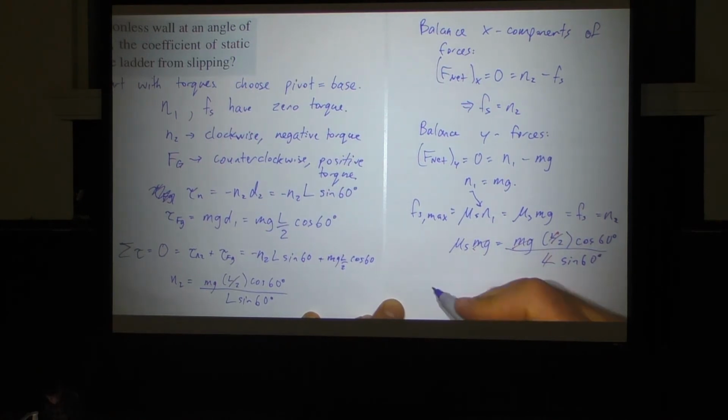And I got mu sub s is equal to cos 60 divided by 2 times sine 60, which is 0.29. That's going to be the minimum coefficient of static friction needed so that the thing doesn't slip, because I've set the Fs max equal to the static friction.